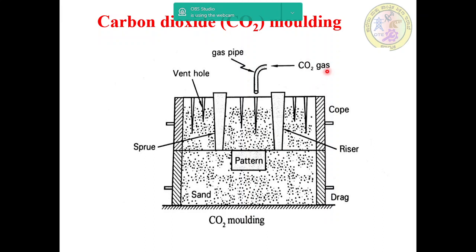Afterwards you have to impinge the gas pipe to the CO2 gas. Then only this sodium silicate will activate or tend to bind the sand particles in the presence of this carbon dioxide gas. This is a simple process.